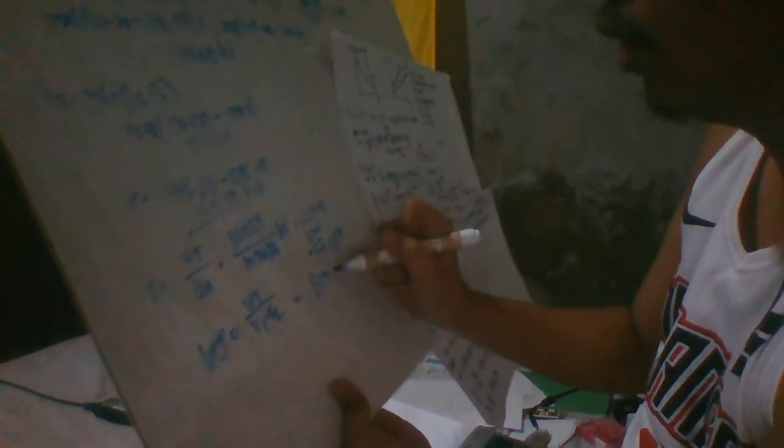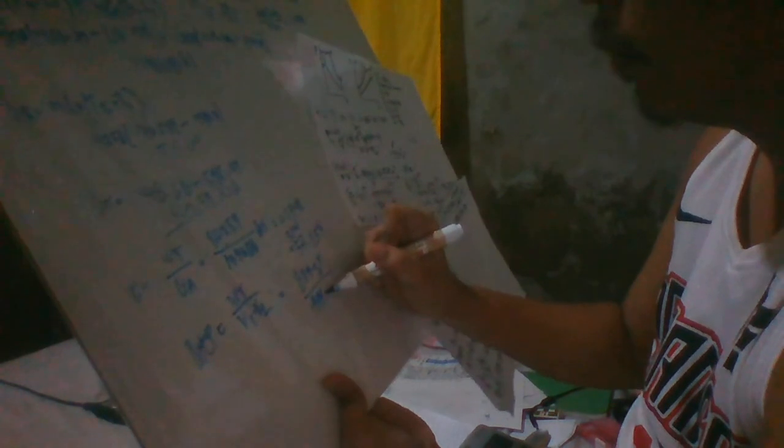Next is the mean effective pressure, which is equal to total work over V1 minus V2. We already know that the total work is 803.59 over V1, which is 0.944, minus 0.0524.